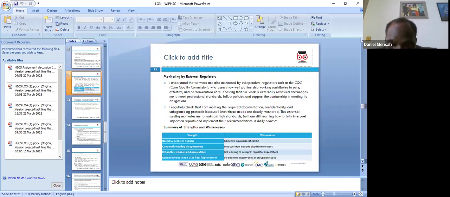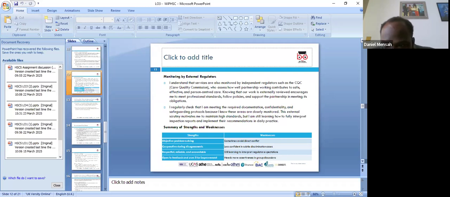Monitoring by external regulators. Of course, we have the CQC, the Care Quality Commission, which regulates organizations within the healthcare sector and assesses how well partnership working contributes to safe, effective, and person-centered care.